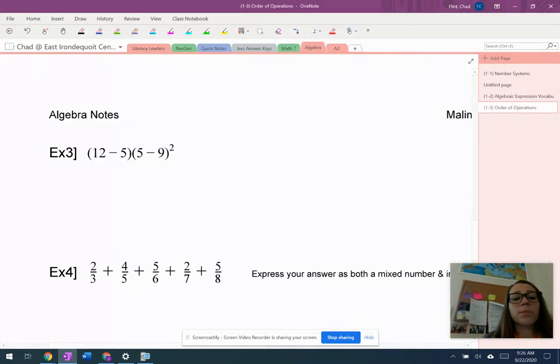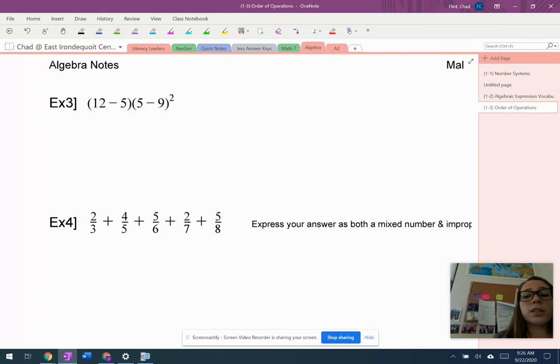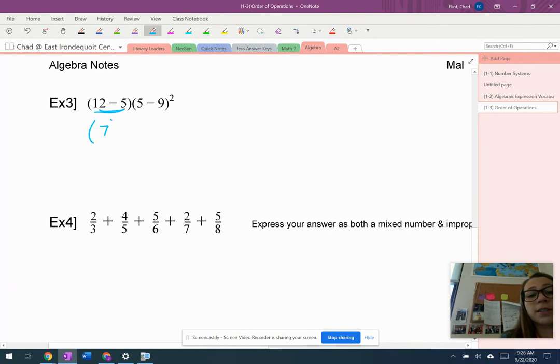Now, example 3. Thinking that order of operations, groupings first. I got stuff in parentheses I need to deal with first. 12 minus 5 is 7, and 5 minus 9 is negative 4. Don't forget to keep that exponent with you. 7, now negative 4 squared is negative 4 times negative 4, which is 16.